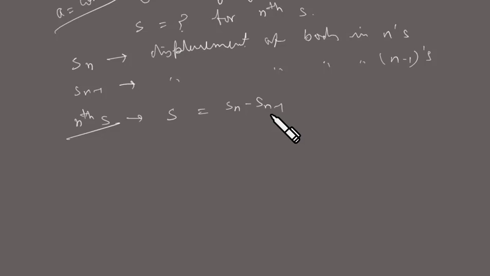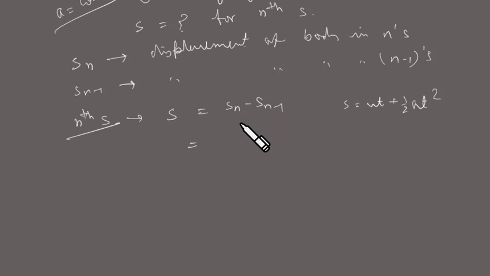Now we will apply the equation of motion here. S equals ut plus half a t square, where u is the initial velocity, t is time, a is acceleration. Here u is the same for both n and n minus 1, because u is the velocity of the body when t equals 0.